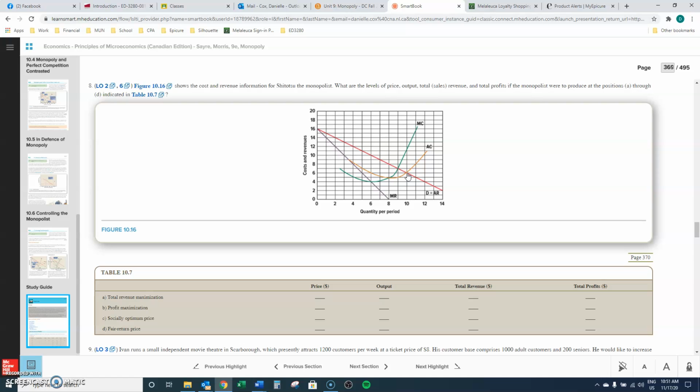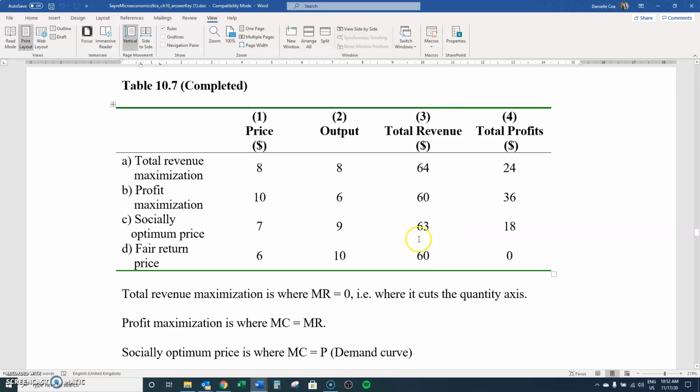And then your cost is going to also be where the average cost intersects, well, not where it intersects, but at your quantity of 10, your average cost is here, and that is at the same point where it intersects. So your costs are the same, $60, as your revenue, which leaves you with a profit of 0. And again, that's all here. This is all correct except for this 36 here.